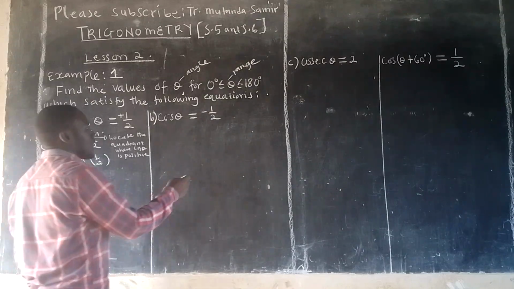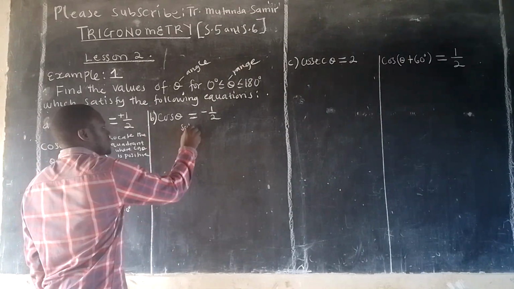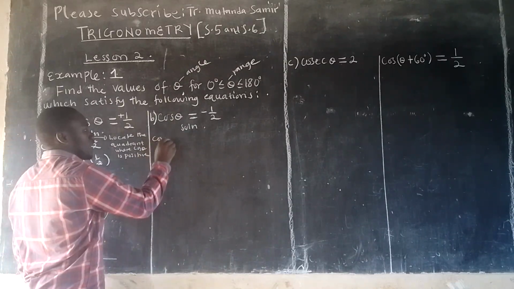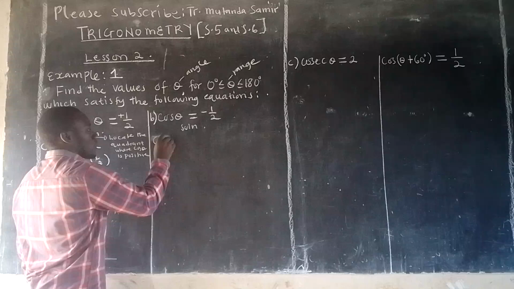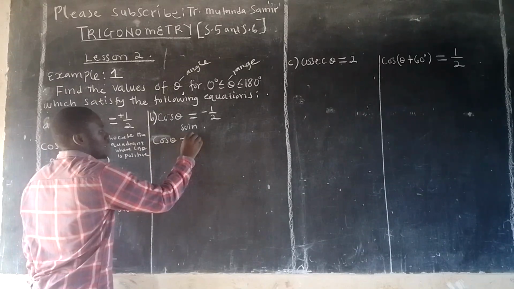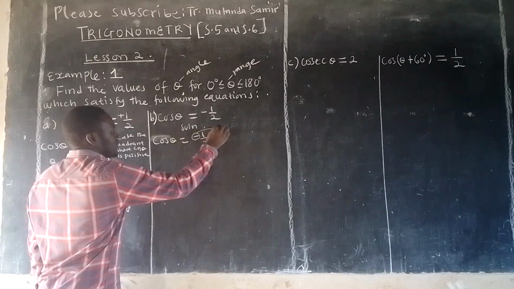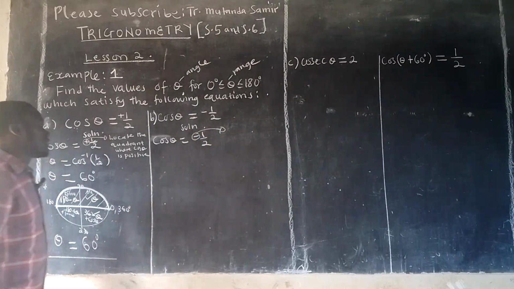Okay, now we shall say, solution: cos theta is equal to negative a half, but this negative does what?